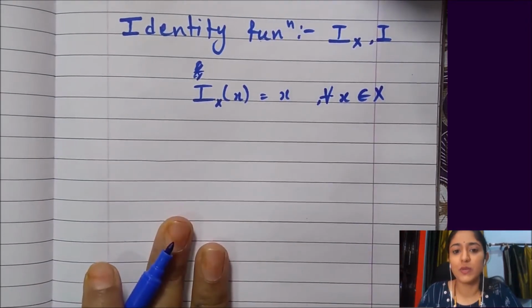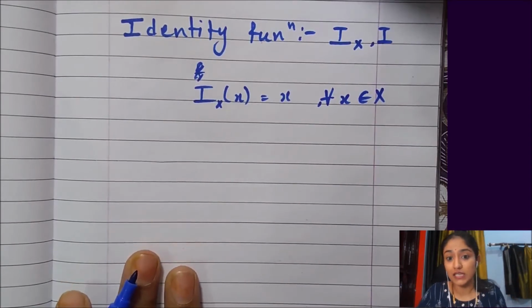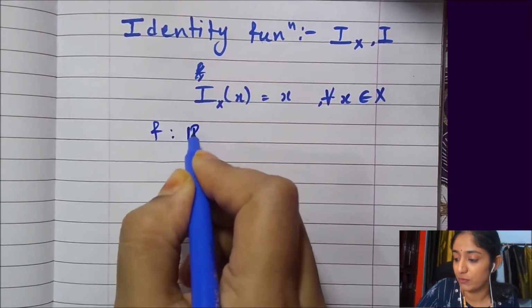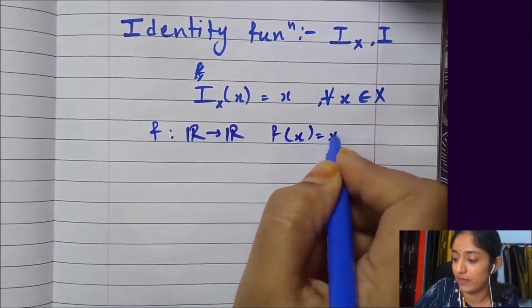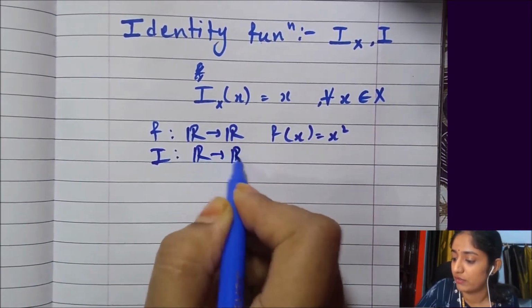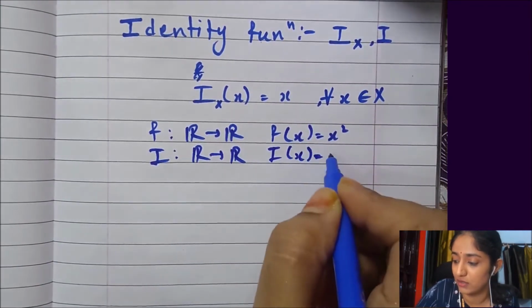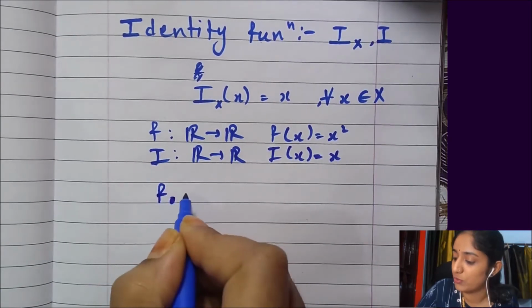What happens when we take the composition of this function with any other function? Now if we say f is a function from R to R, f of x is equal to x square, and the identity function from R to R, we already know I of x will be the same real number as goes in. So what will happen to f composite I?